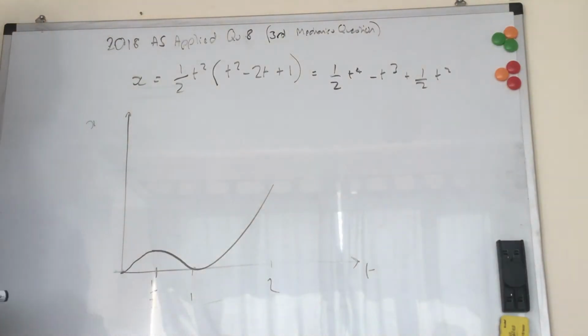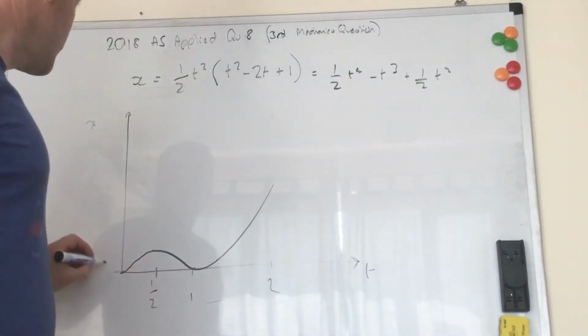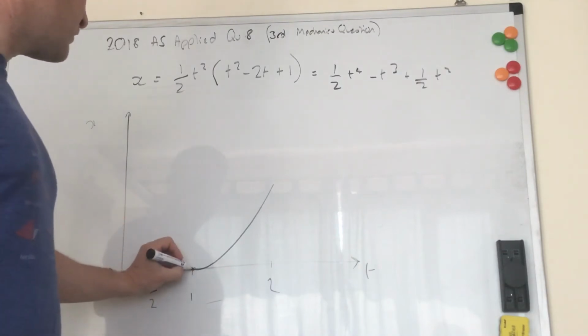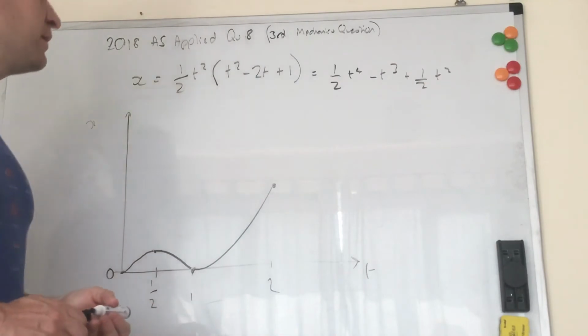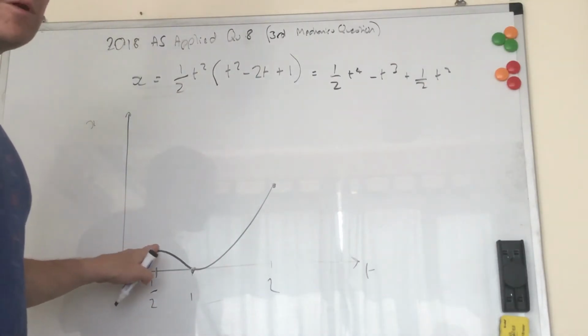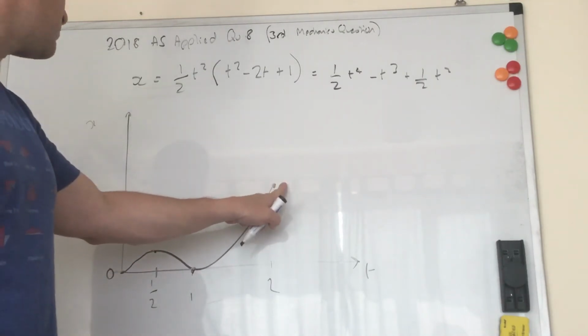Okay, we need to work out how far it's travelled in that interval. So it starts here at 0, it goes up to here, it goes back down to here again, and then it goes up to here. So the things we need to work out are how far does it go up, how far does it go back down again, and how far does it go up to there.